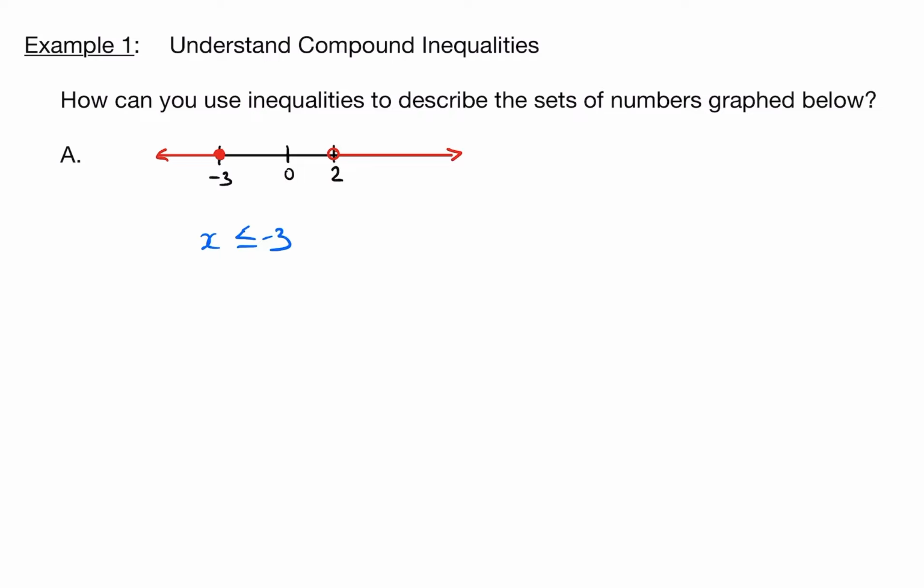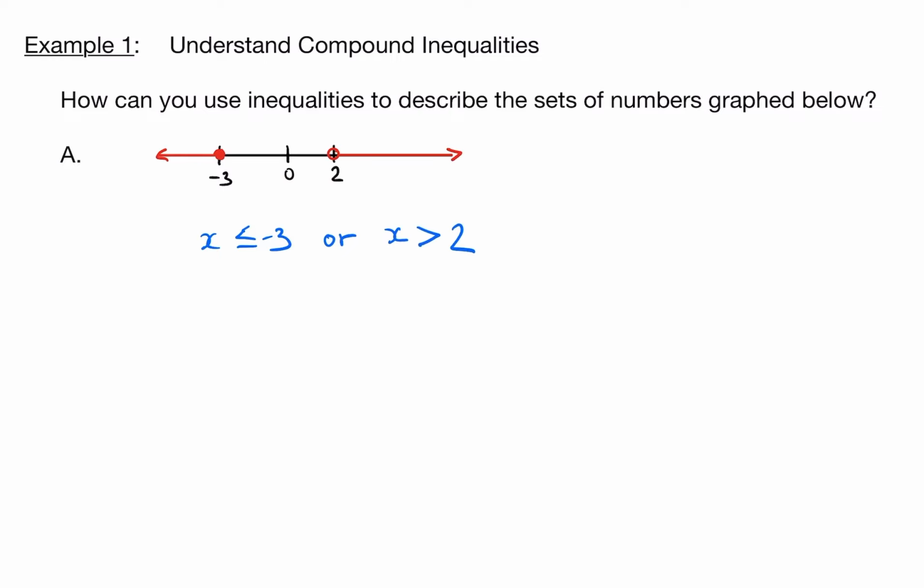And then if we look on the other side, we have this open circle, and so I'm going to also call it "or", because either condition can be true. x is greater than 2.